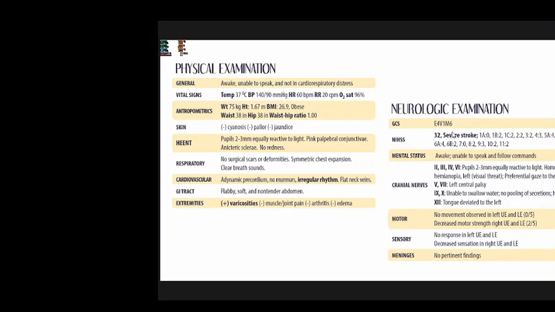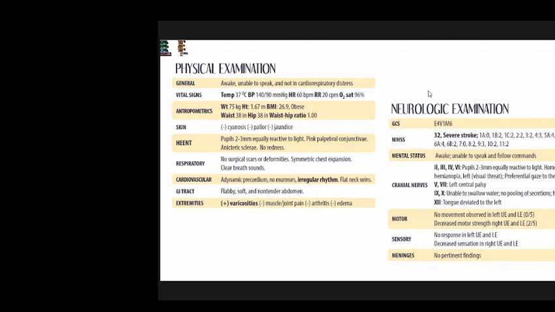There is left homonymous hemianopsia noted through visual threat, and there is a preferential gaze to the right. On cranial nerves 5 and 7, the patient has left central palsy. Cranial nerves 9 and 10, the patient was unable to swallow water. However, there is no pooling of secretions, and the patient also has voice hoarseness. And for cranial nerve 12, there is tongue deviation to the left.